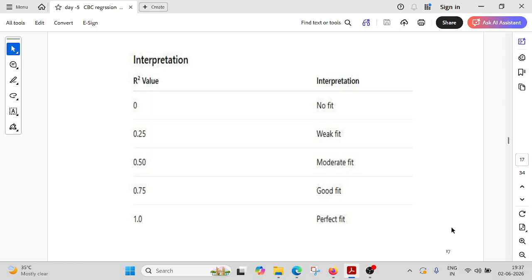We discussed the same in correlation, right? Perfectly positive, negative, the correlation coefficient. Like that, here we are discussing fitness, because regression tells how well the line fits.